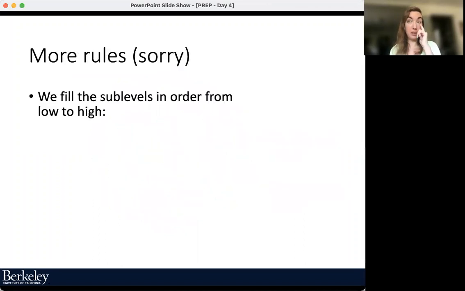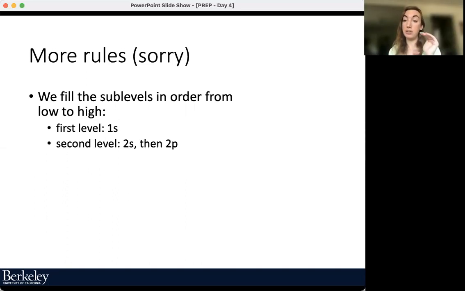So we're always going to fill these levels in order. We're going to start with level 1, and then we're going to fill level 2, and then we're going to fill level 3. On the first level, we start by filling the only orbital that the first level has. So we're going to fill that 1s orbital. This is our notation. The 1 means we're in the first level, and the s means we're in the s sublevel of that first level.